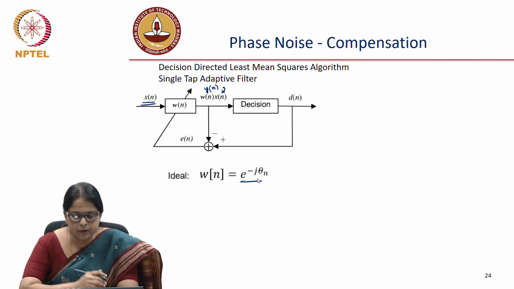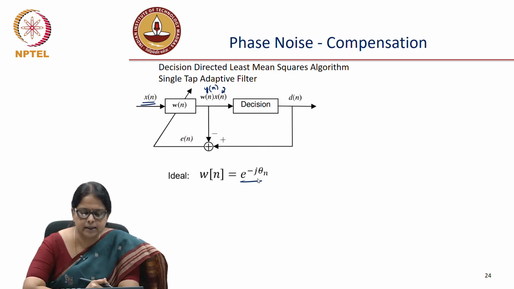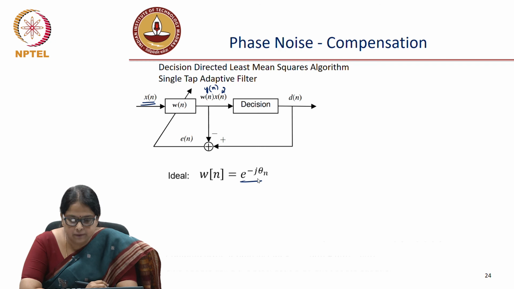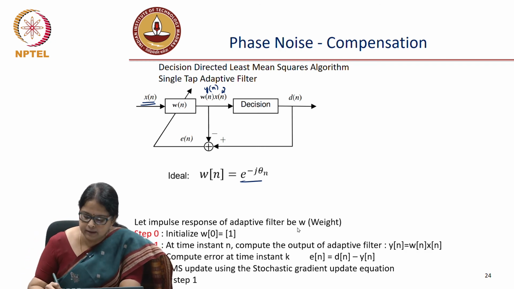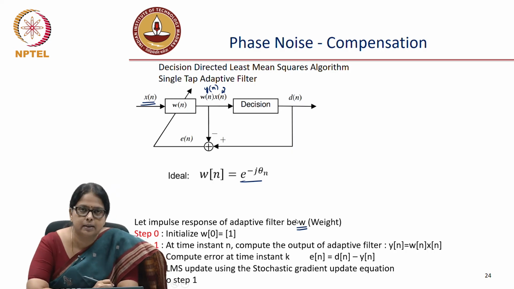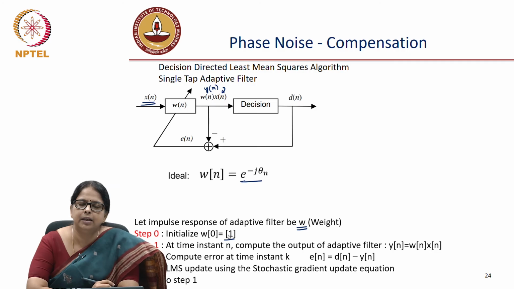So, what do you do? You model this system as a single tap adaptive filter, which means that the impulse response of this adaptive filter, let us call this as W, which is also called as the weight of the filter. What you do is initialize that weight initially as 1.